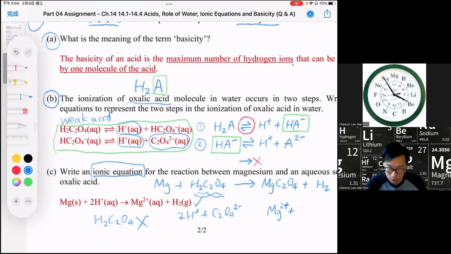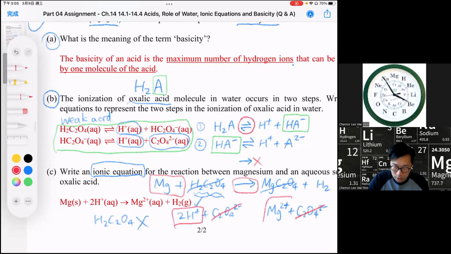One is Mg2+, the other one is C2O4 2-. Once you consider the ions present, then of course you may cross out these two first, and then cross out the spectator ions. What is left? What is left will be Mg plus 2H+ to give Mg2+ plus H2. So once again, this is the answer here.